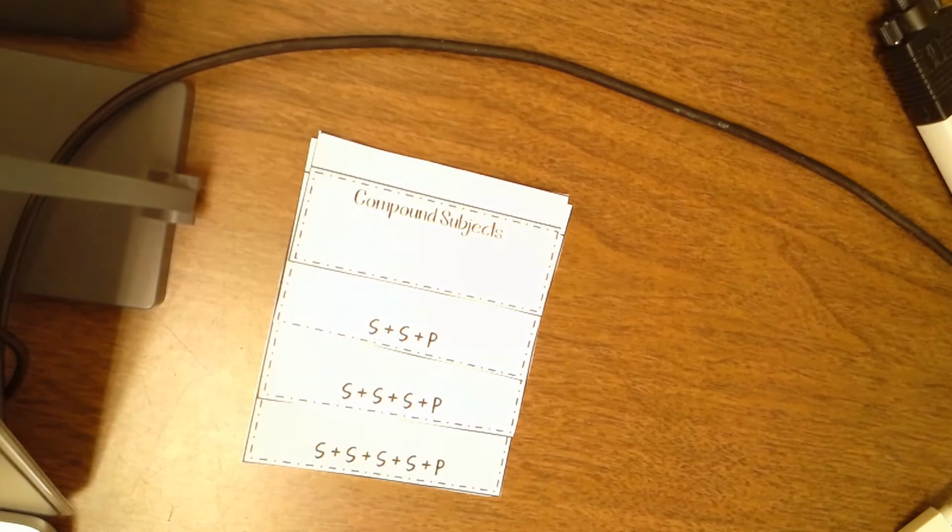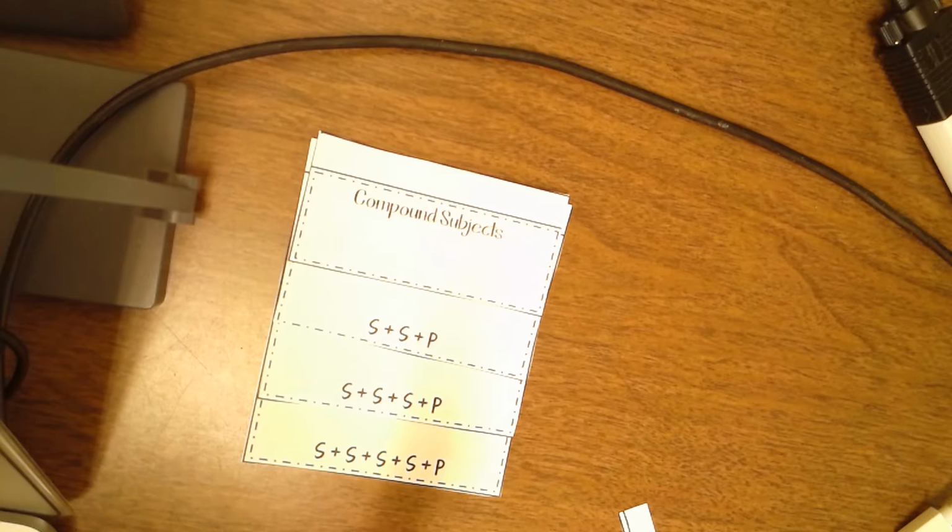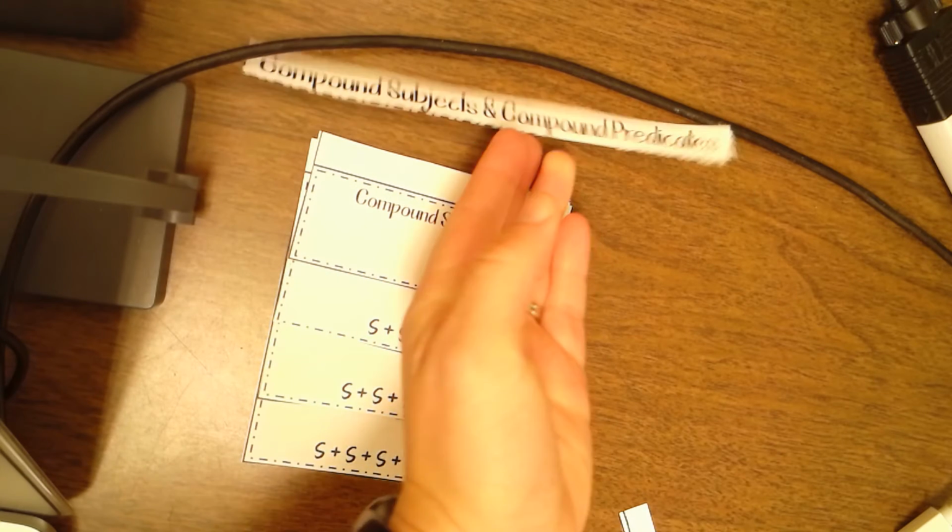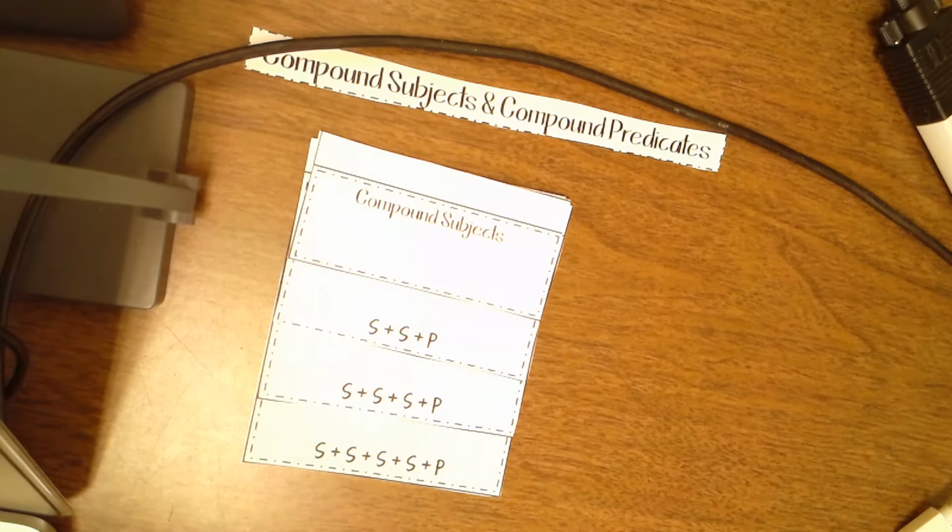Then your title is actually given to you, and you have the choice. If you want to cut this compound subjects and compound predicates out and use that as your title, you can glue it at the top of the page where we would normally write our title. You are more than welcome to do that, or you can write it. That's totally fine too, if that's what you're used to.